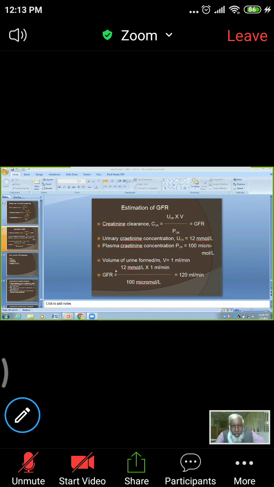So GFR is equal to the concentration of creatinine in urine, into the 1 minute urine flow, divided by the plasma creatinine concentration. Here we find 12 millimole. 12 millimole means 12 into 1000, that will produce 12,000 micromole.